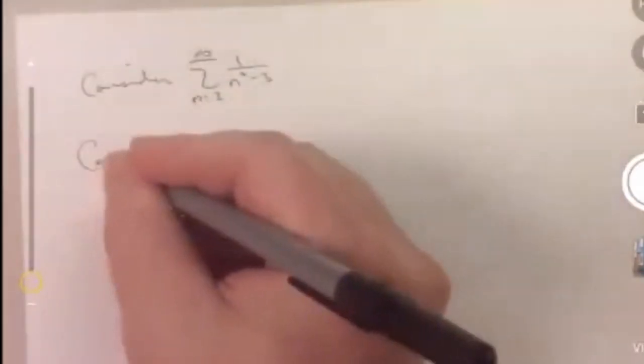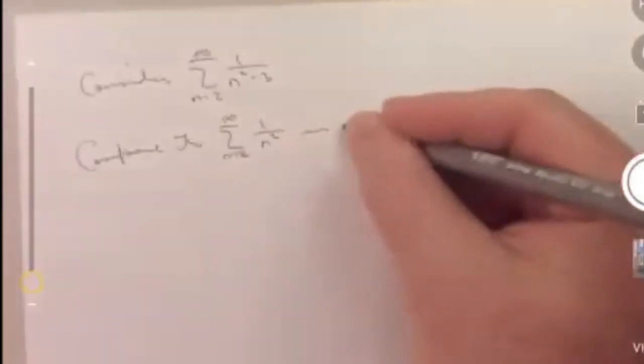We are, in fact, going to compare this series to the p-series with p equals 2, to this series that we know converges. But we're not going to use the direct comparison test in order to do this. But we're going to compare it in a different manner. And at first, this is going to look bizarre.